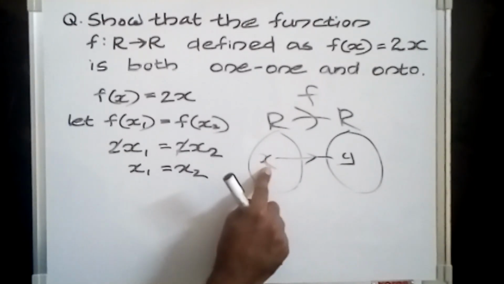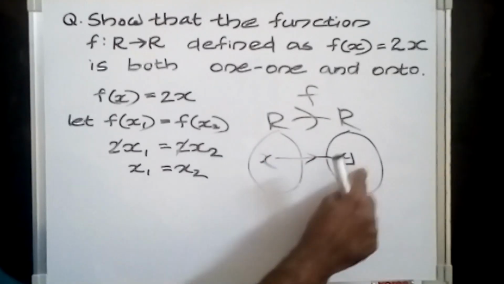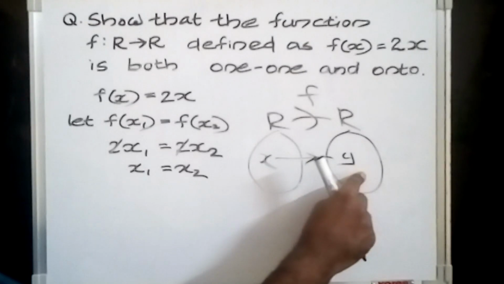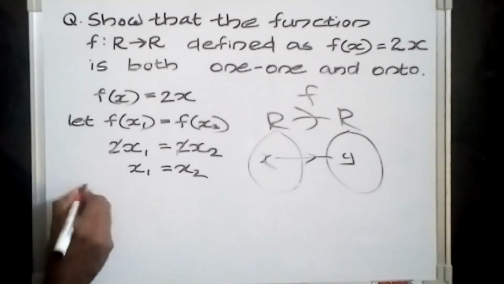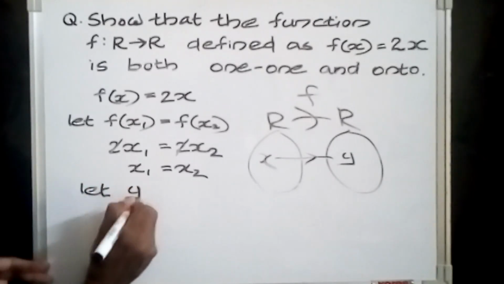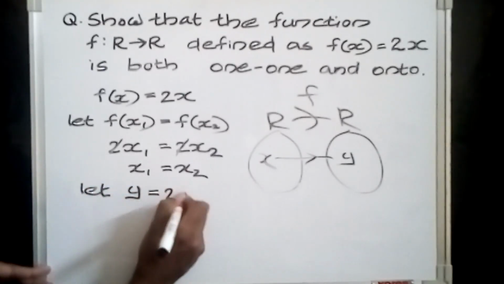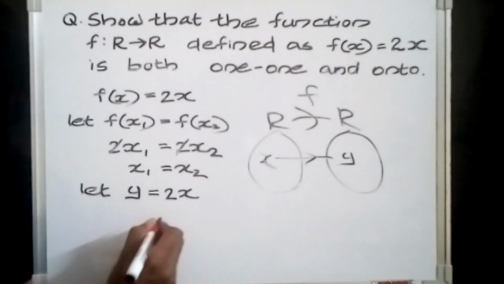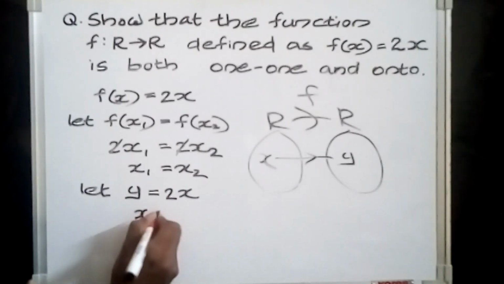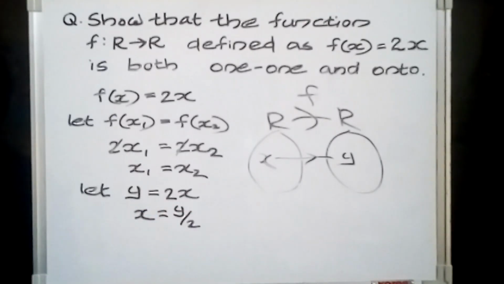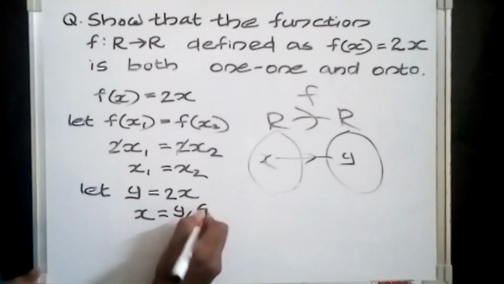If x is the point in the first set, its image is 2x. That is, y should be equal to 2x. Let y equal 2x. Then we have x equal to y by 2. x equal to y by 2 belongs to R, the first set.